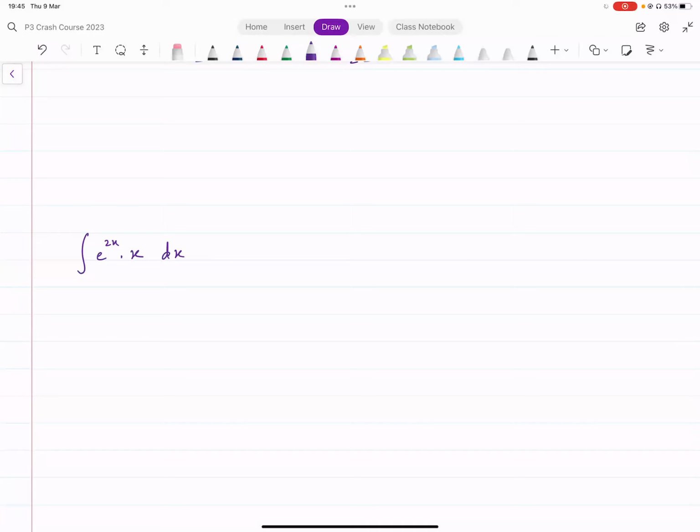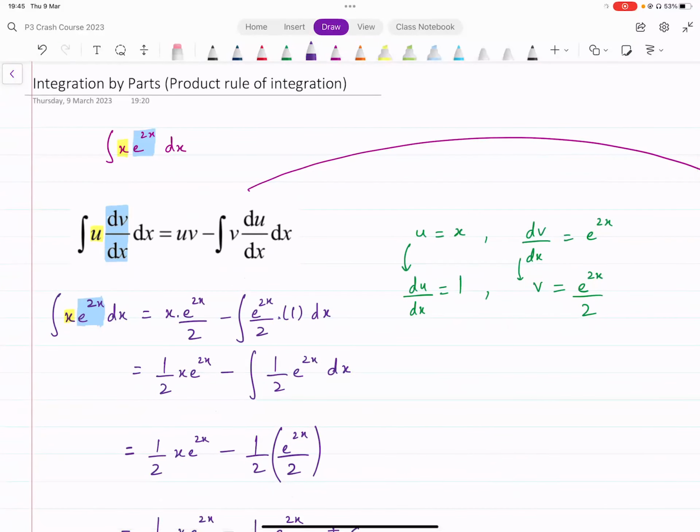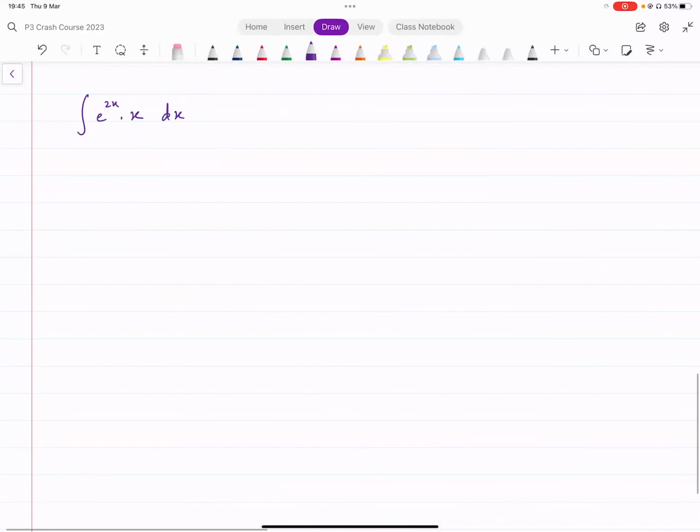Now, if you remember, this is actually the same integral that we did earlier, the first example, x into e raised to power 2x, but now I've written it in this form, e raised to power 2x multiplied by x.